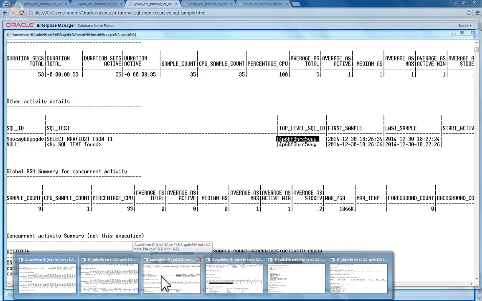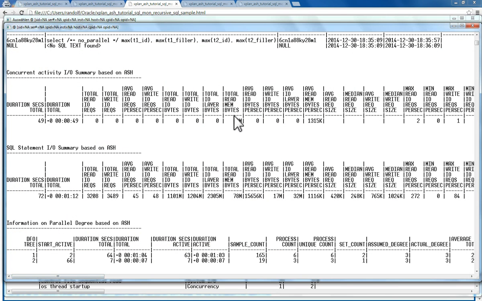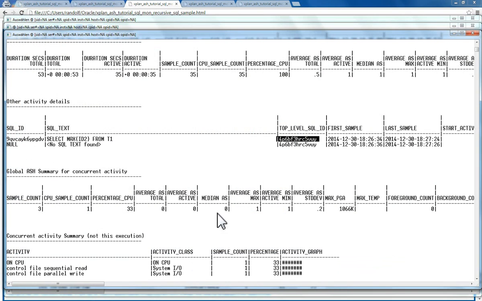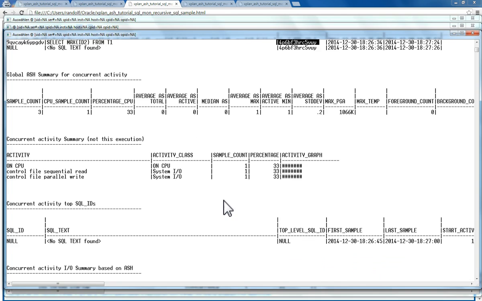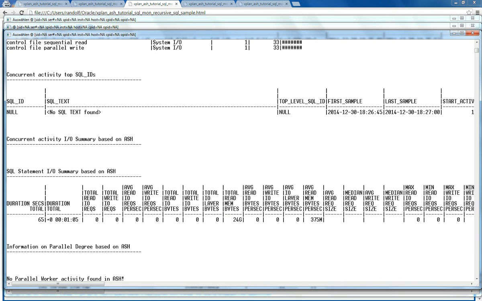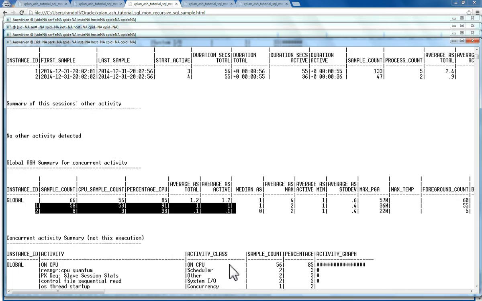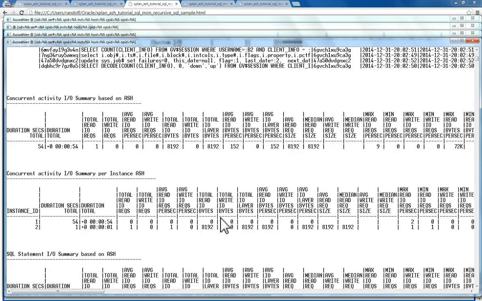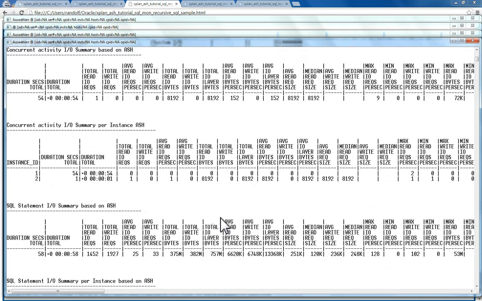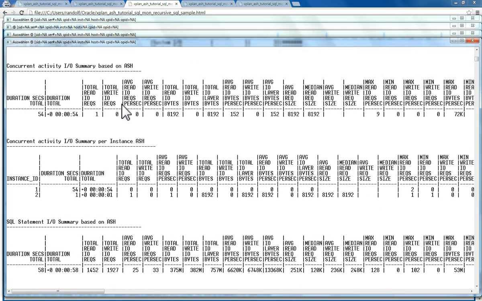So this was obviously taking place at the same time. Maybe I have a different example, nope, not here. Well, maybe it's a good idea that I show you this.